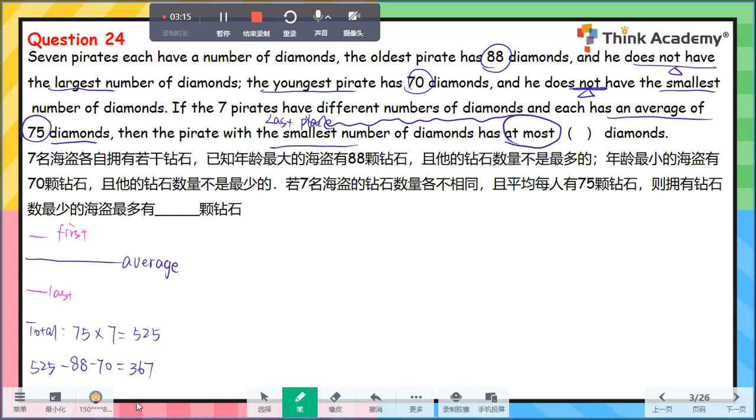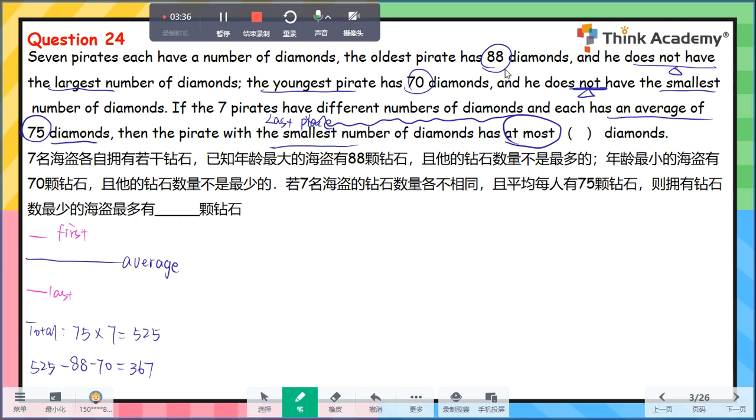Then let's see. When we want to ensure the last place gets as many as possible, in other words, we hope the remaining diamonds will be shared as evenly as possible. If so, try to ensure the first place gets as few as possible.